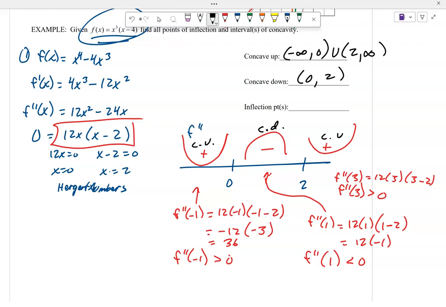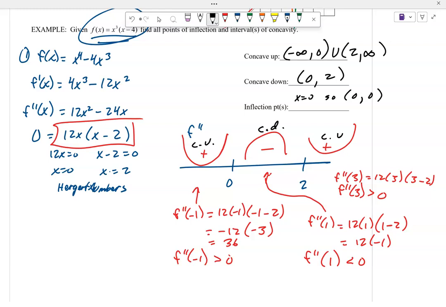Do I have inflection points? Yes, because those are Hilbert numbers. That means they're defined on the original function. And wherever it changes concavity, notice I changed concavity at x being 0. So that would be the point 0. Plug it into the original function, which would spit out 0.